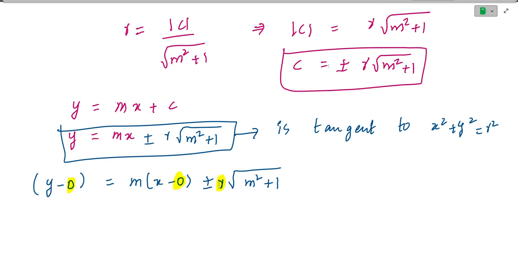Why? Because I'm going to extend this discussion to the circle with the center h comma k.